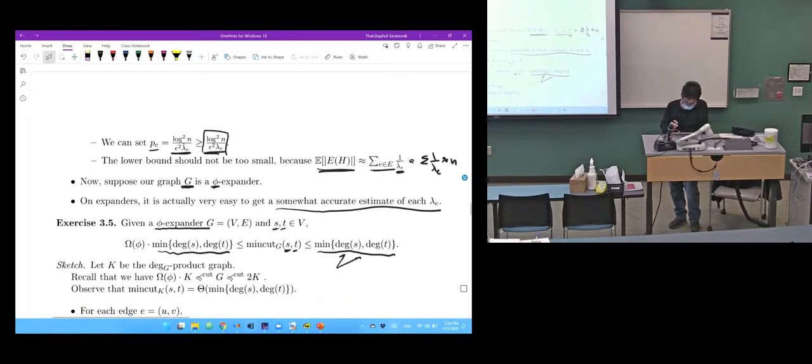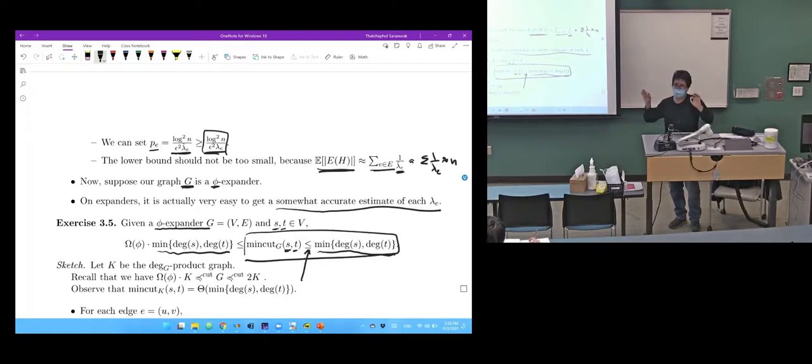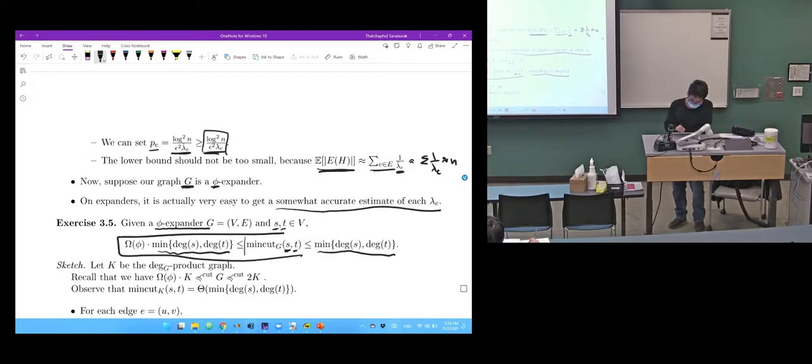I will just sketch it because it's kind of close to your homework. This direction is clear, because the degree cut is an S-T cut. So you have that. But how about the other part?